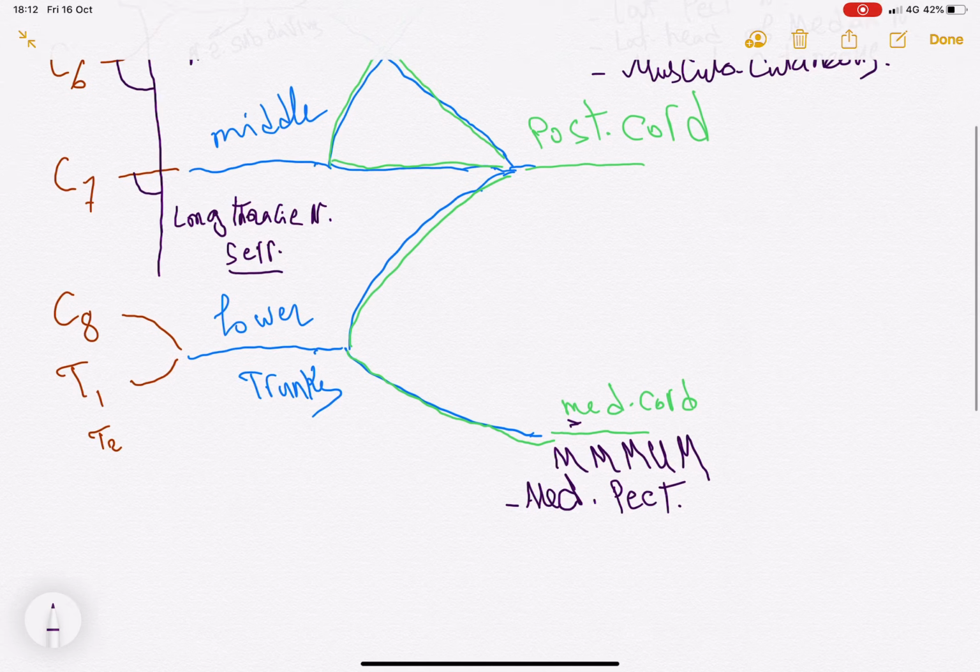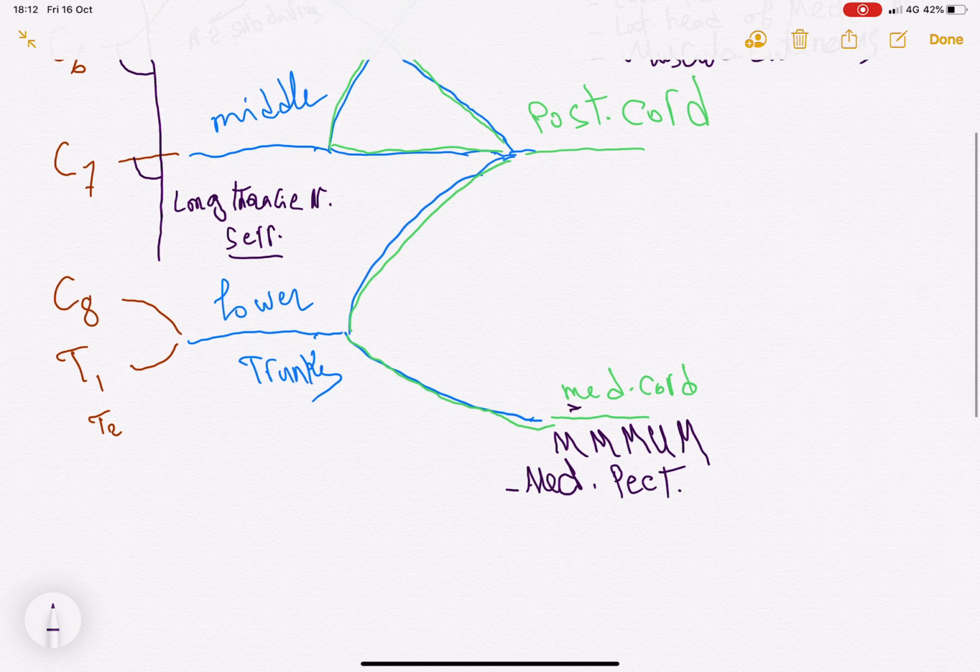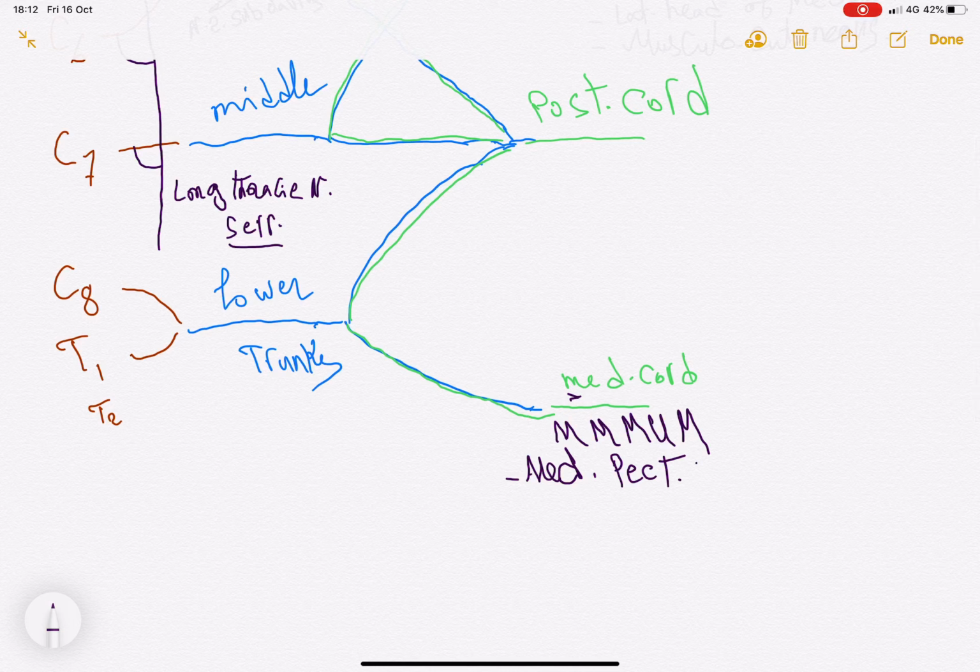So we have a lateral pectoral and a medial pectoral nerve, followed by the medial cutaneous nerve of the arm and the medial cutaneous nerve of the forearm.